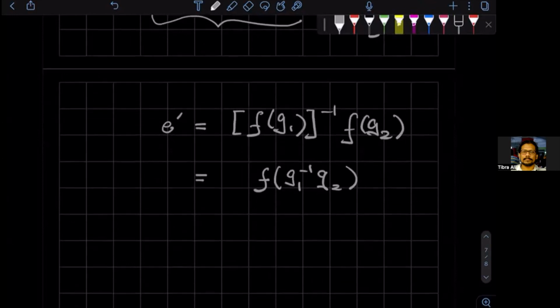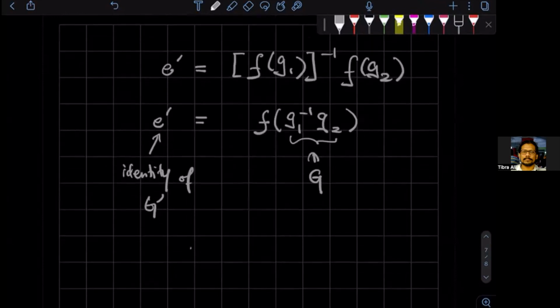So E prime is the identity element of G prime, and f maps this element of G into the identity element of G prime. So this is in G, and this is the identity of G prime.